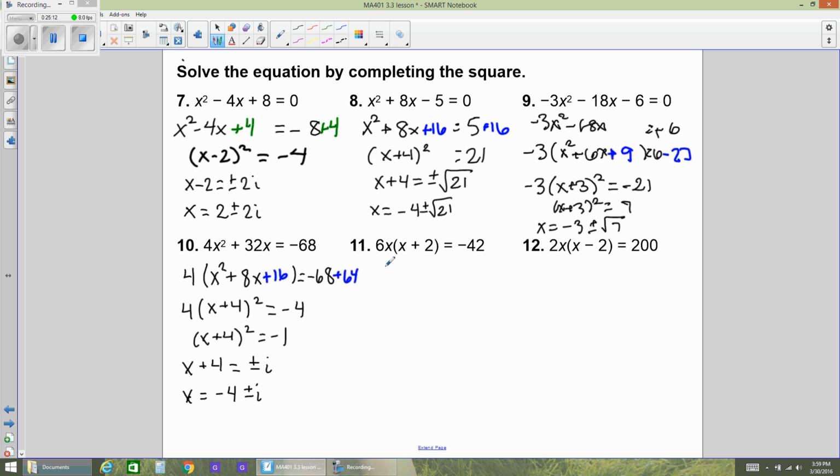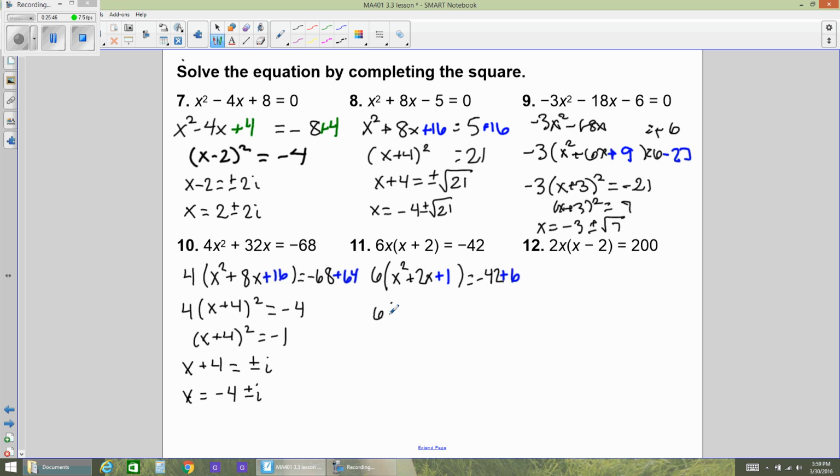So that's what I'm going to do. I'm going to have a 6 here. I will have an x squared here plus a 2x here. I'm leaving some space, and it is equal to negative 42. Half of 2 is 1, and 1 squared is 1, so I'm adding 1, which means I'm adding 6. Be careful, remember.